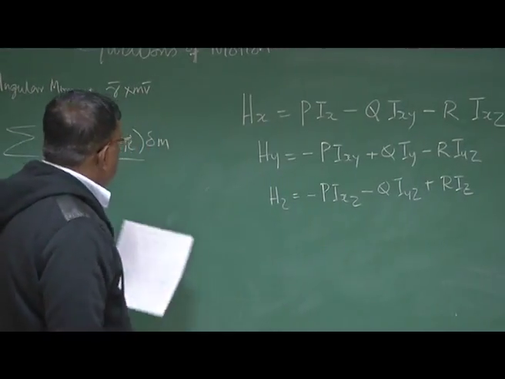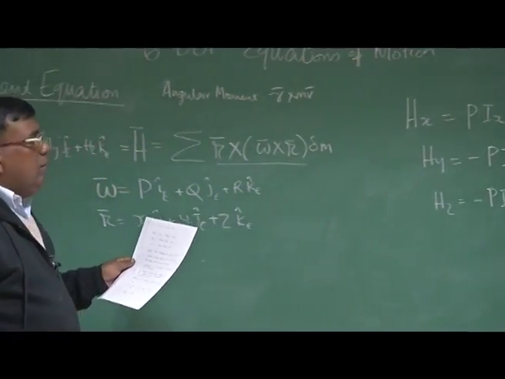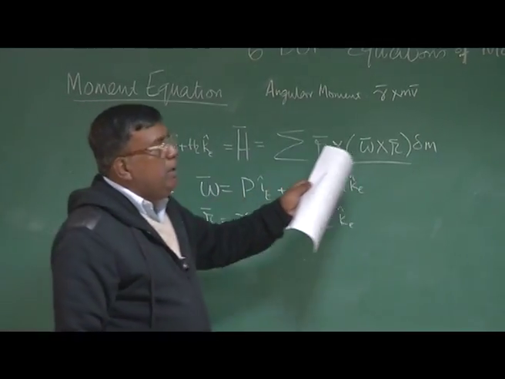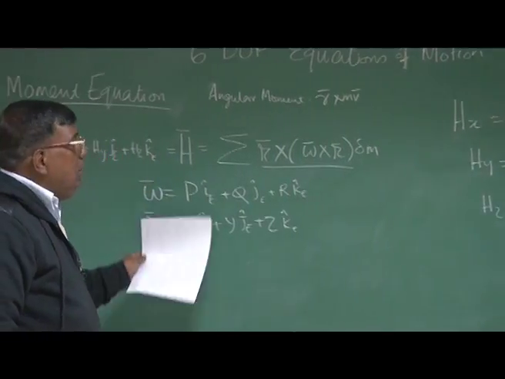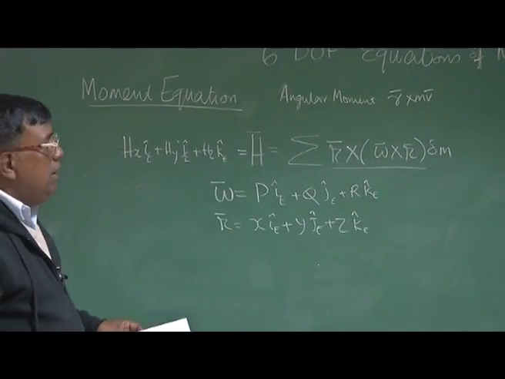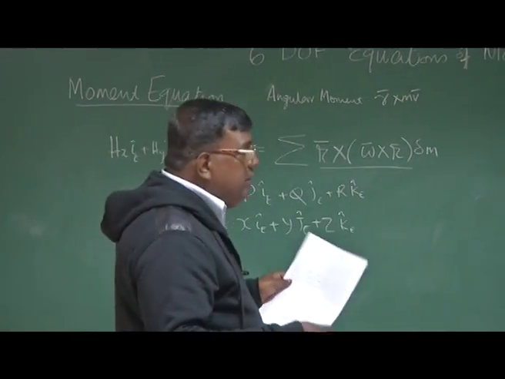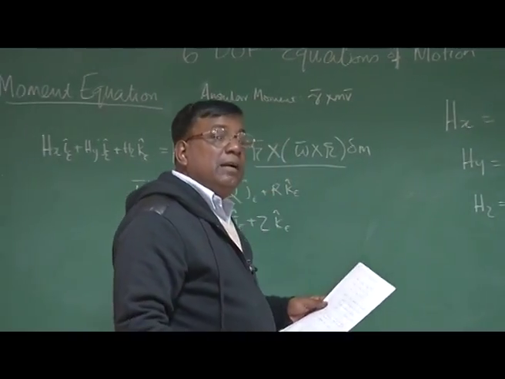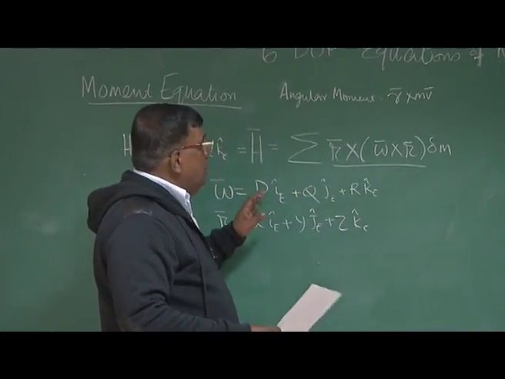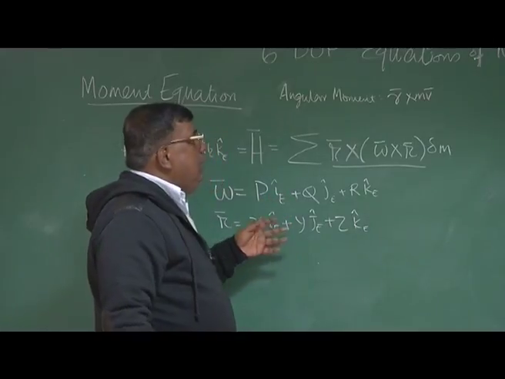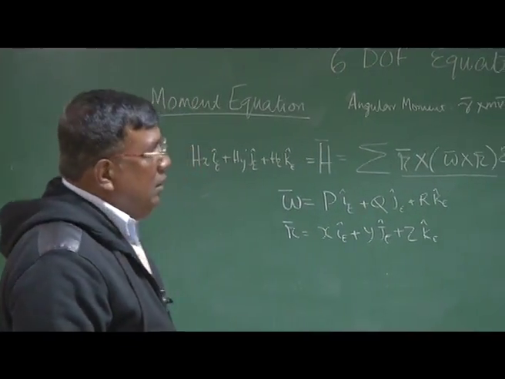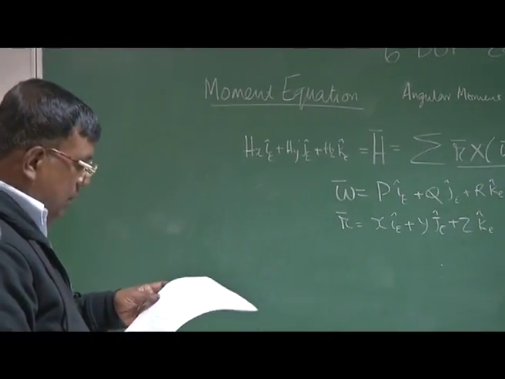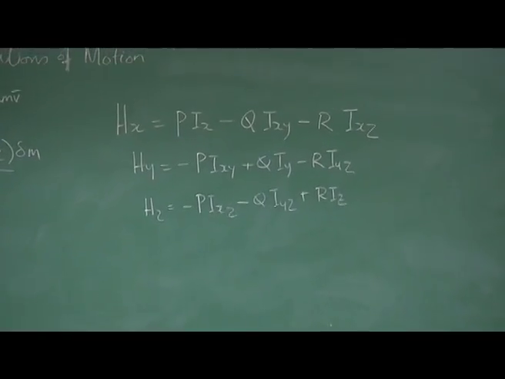If you do not feel comfortable going from here to here, which I am sure should not be the case, you are all engineering students now and have done these things many times. I am writing all these things to familiarize you so that you can go to the aircraft equations of motion. If you cannot do that, we will, after getting your feedback, post it for you to get an understanding of it.